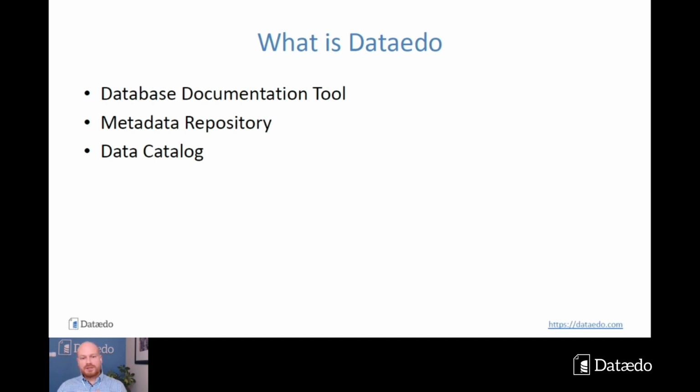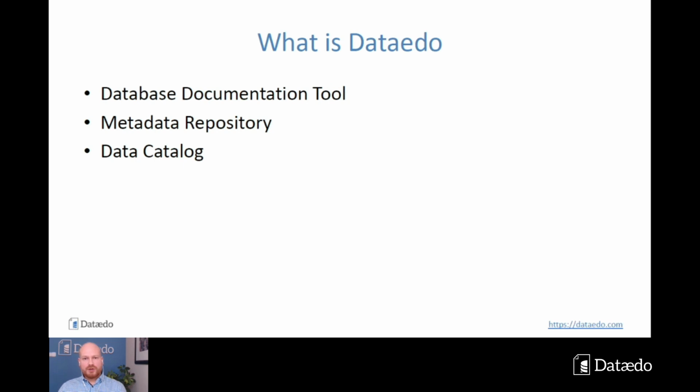You can also think of it as a data catalog. Data catalog is a new term, a new class of tools. A data catalog is a place where data analysts go to find information, to find the data they could be working with, to understand it, to collaboratively discuss it, and to gather knowledge. Dataedo allows doing that as well.